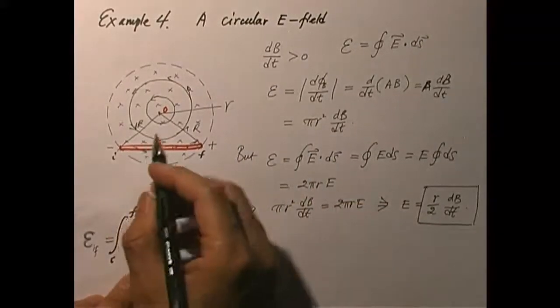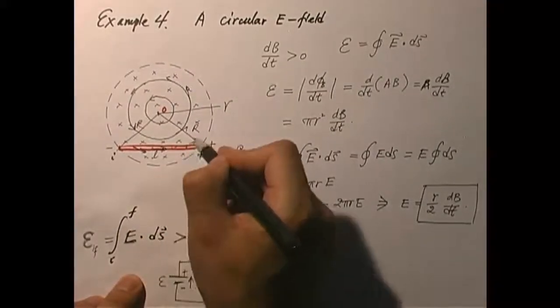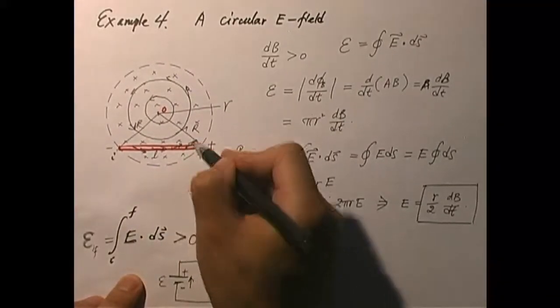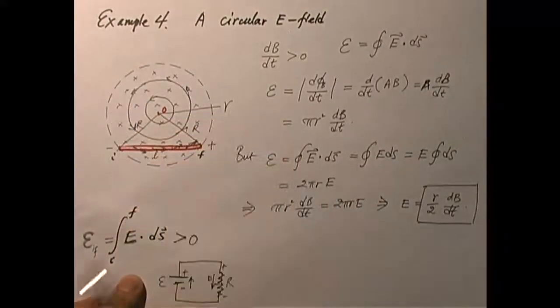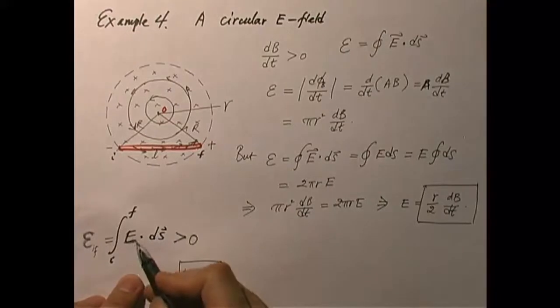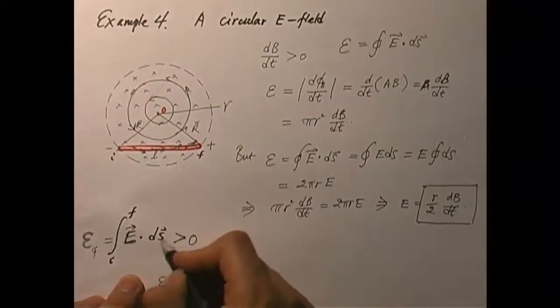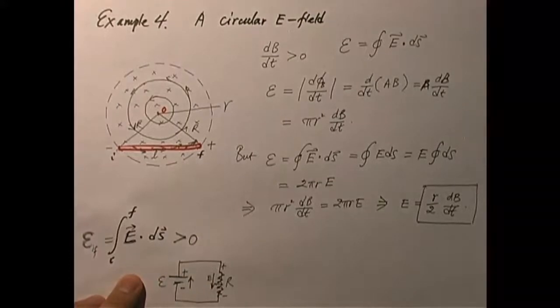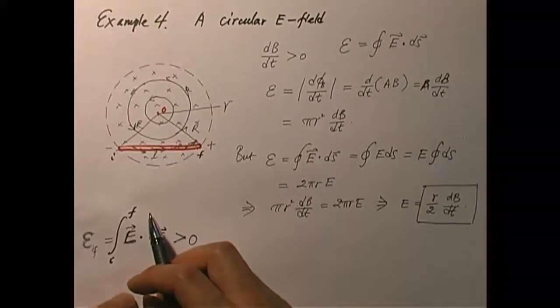If I were to draw it more carefully, it's like this here, and like this here, and like this here, because it has to go around in a circle. Therefore, E is variable, and the angle between E and ds also changes all the time. So you can do it, but it's not all that straightforward. Is there a better way for me to find this?